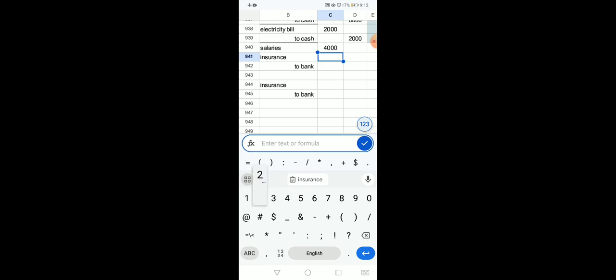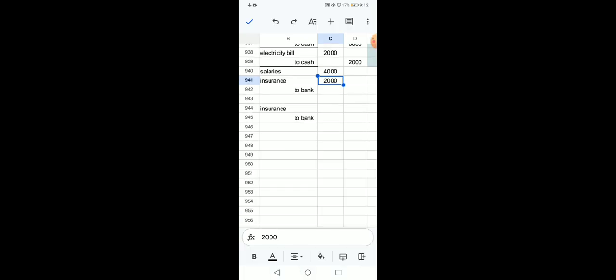So this is the way you can do two entries, or you can make a combined entry. Both expenses should be debited, so you will debit insurance as well. And for both expenses, bank is credited. It means bank will be credited twice. The amount of insurance is 2,000, so you will write 2,000 in front of bank. This is the way you can make this entry combined.